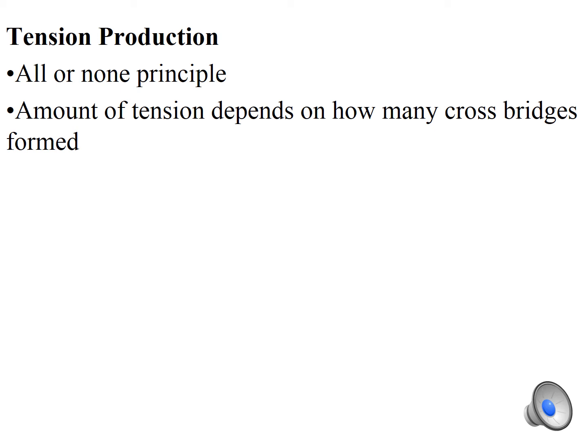Now, if you wanted to turn that twitch into the ability to lift a 50-pound barbell, you would obviously need to use more muscle cells. Each muscle cell's twitch would get added together, and the force they're able to exert would be stronger. But you do need to understand that each muscle cell has an all or none principle, meaning either it's going to contract or it's not. And if it's going to contract, it's always going to produce the same amount of force.